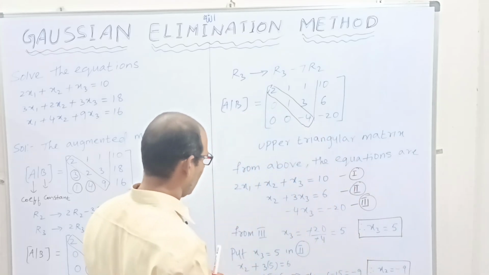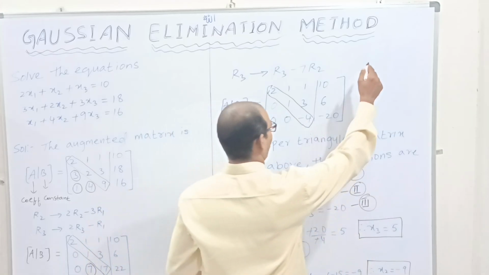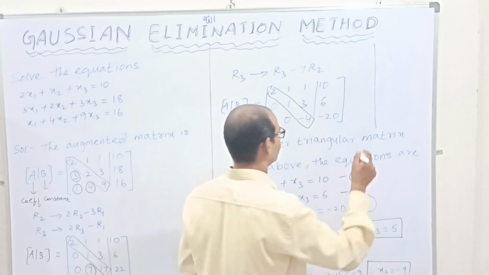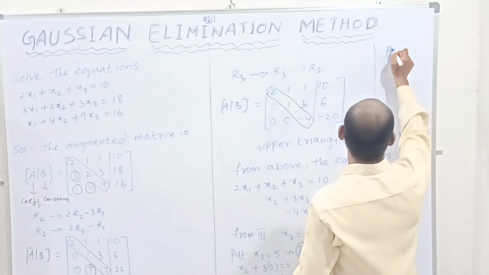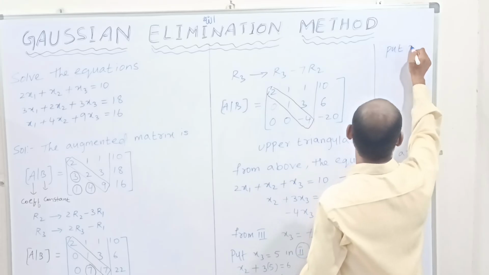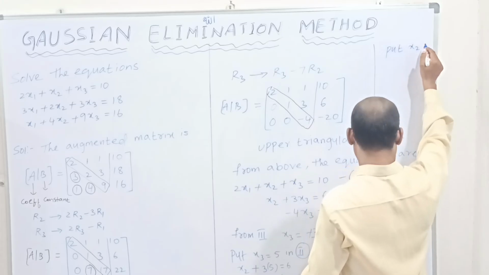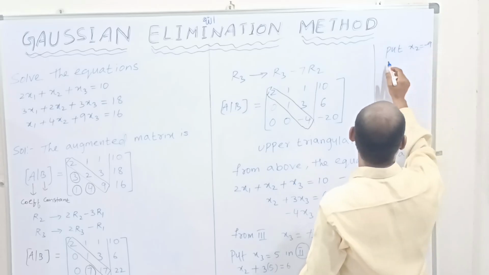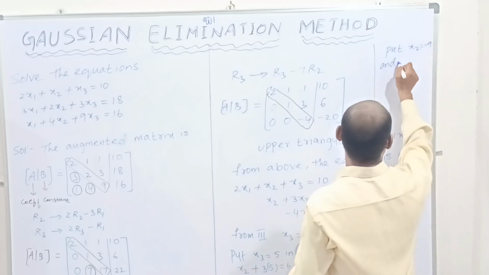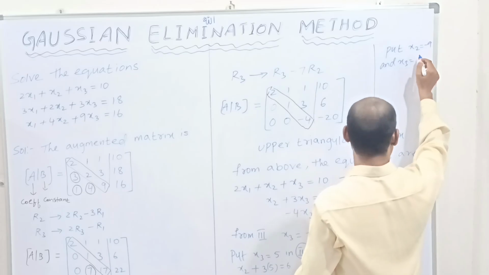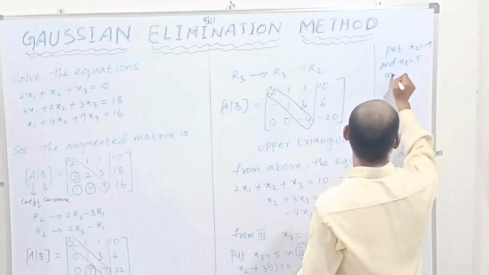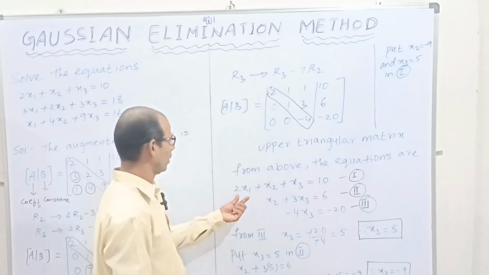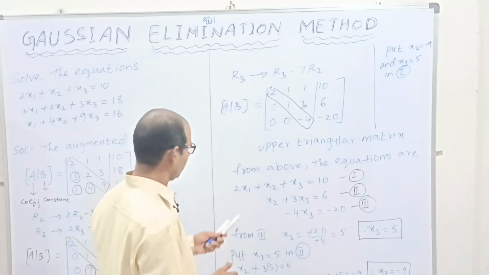Now put x2 equals minus 9 and x3 equals 5 in the first equation.